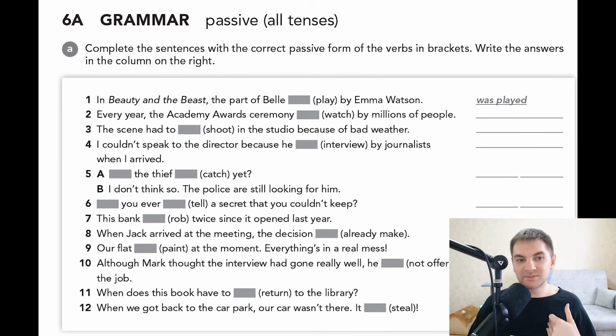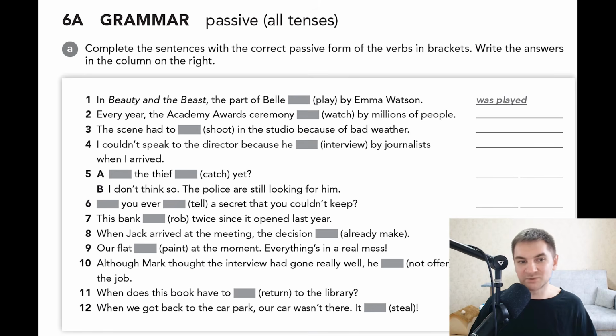Okay. Here are some additional grammar exercises, just some extra practice to help you get really comfortable with the passive voice in different tenses. We have 2 short exercises. Number 1. Complete with the correct passive form. In this exercise, each sentence is incomplete. You have a verb in brackets.